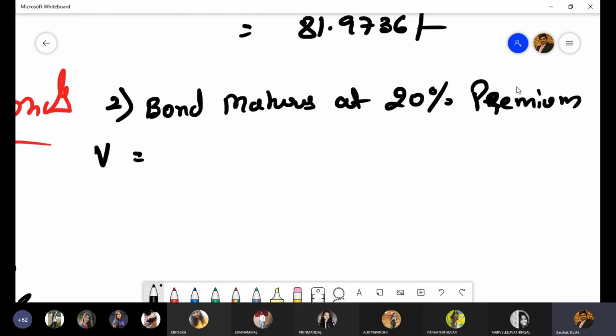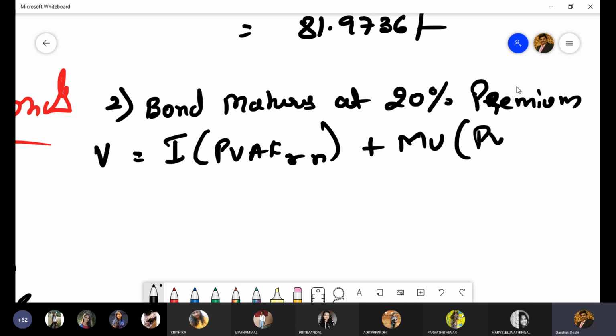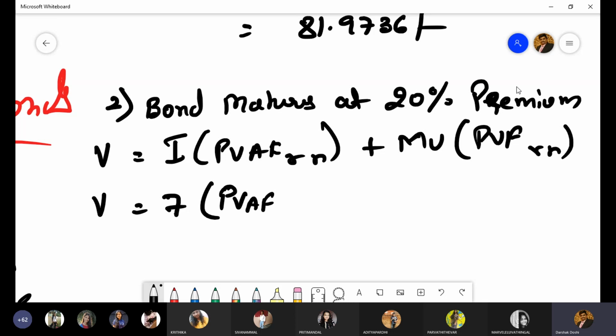The formula is value is equal to interest into PVAF for R, N plus maturity value into PVF for R, N. Bond value is equal to your interest, 7 rupees, known to you, present value annuity factor for required rate of return 12% for 5 years plus maturity value.